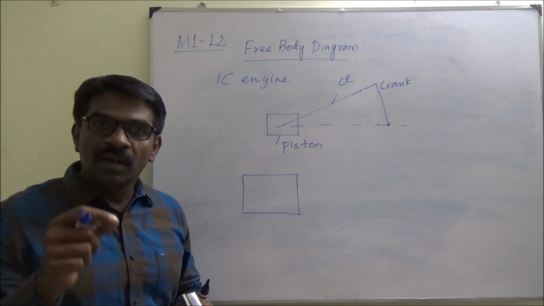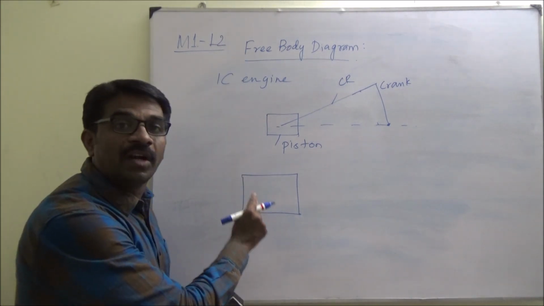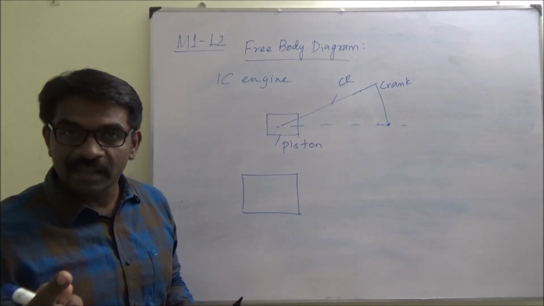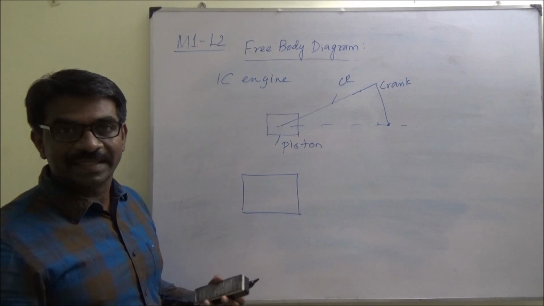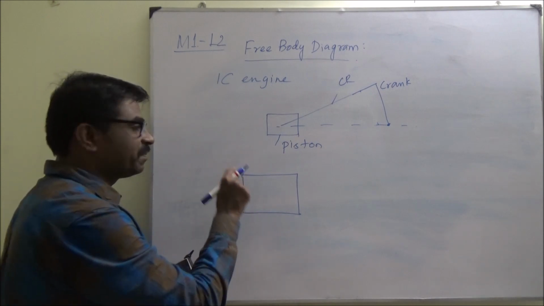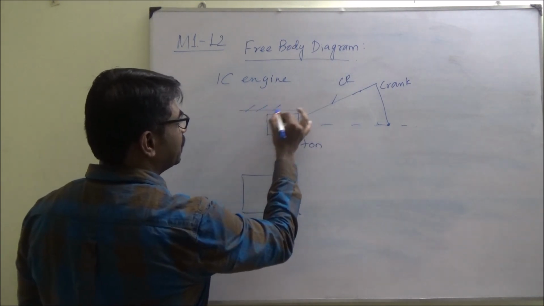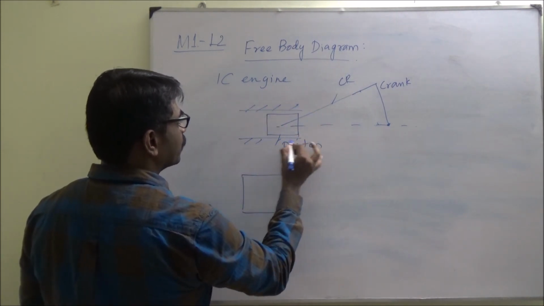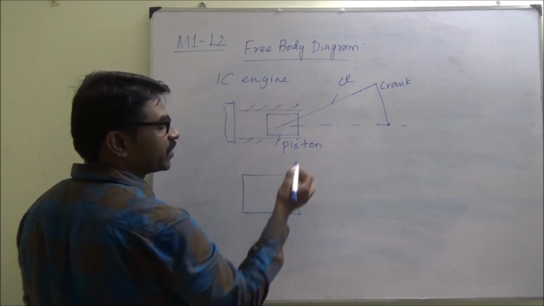represent all the forces that are acting on the piston, not by the piston, on the piston. So what are all the forces that are acting on the piston? Say this is the cylinder portion. You'll have a piston head here, and the valves are there.